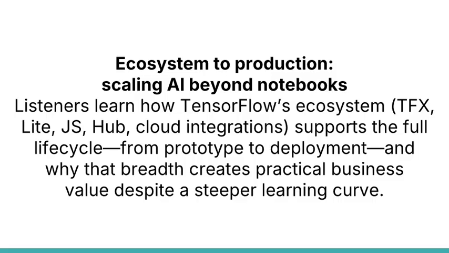And it wasn't just about the API. TensorFlow also offers a huge ecosystem. TensorFlow Extended for production pipelines, TensorFlow Lite for mobile and embedded devices, and TensorFlow.js for running models in the browser. That breadth is impressive. It means organizations can use the same framework from research to production to deployment across devices.